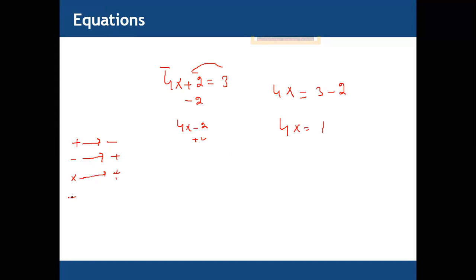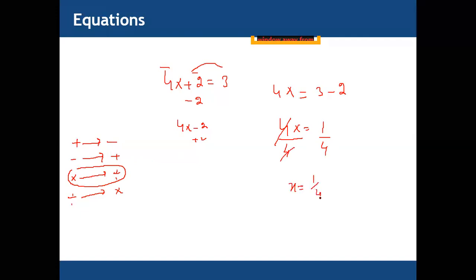And when we have division, we can cancel it with multiplication. You can see here 4 multiplied by x. This is multiplication, so we cancel it with division, dividing both sides by 4, the coefficient of x. 4 cancels with 4. x is equal to 1 over 4.